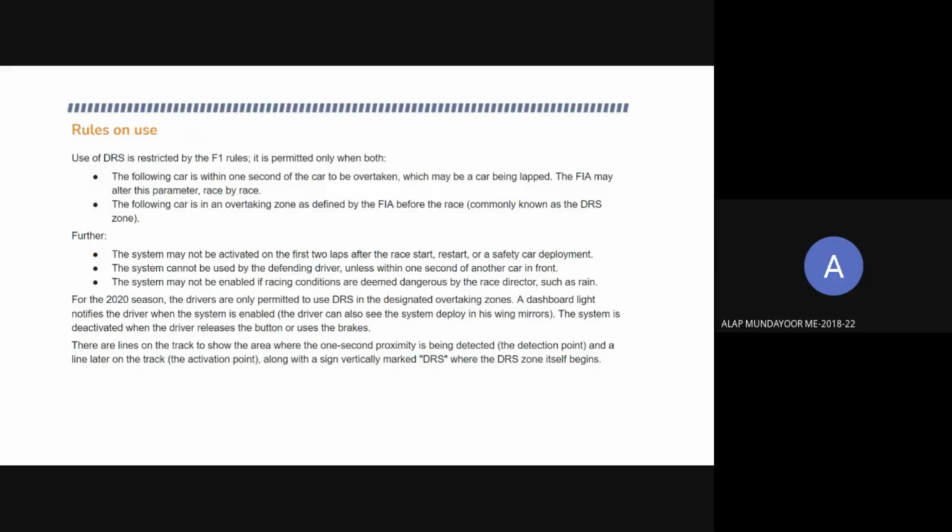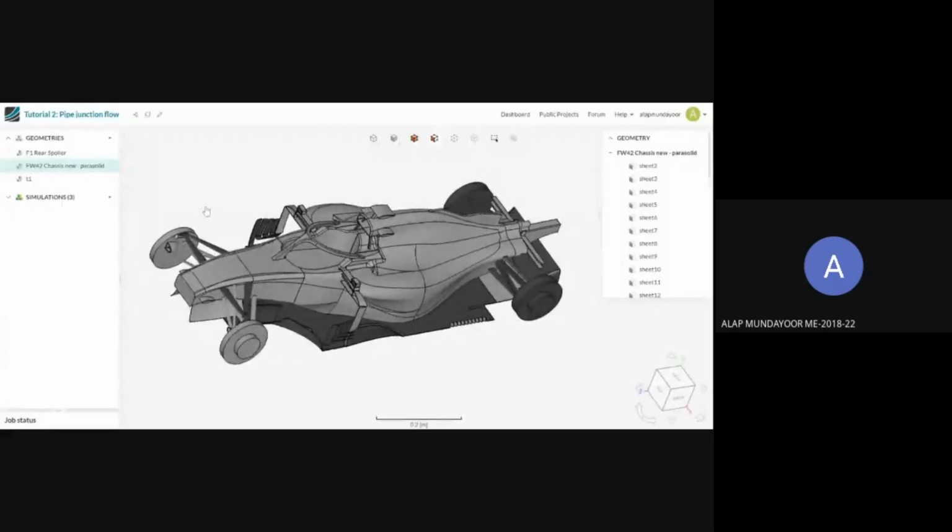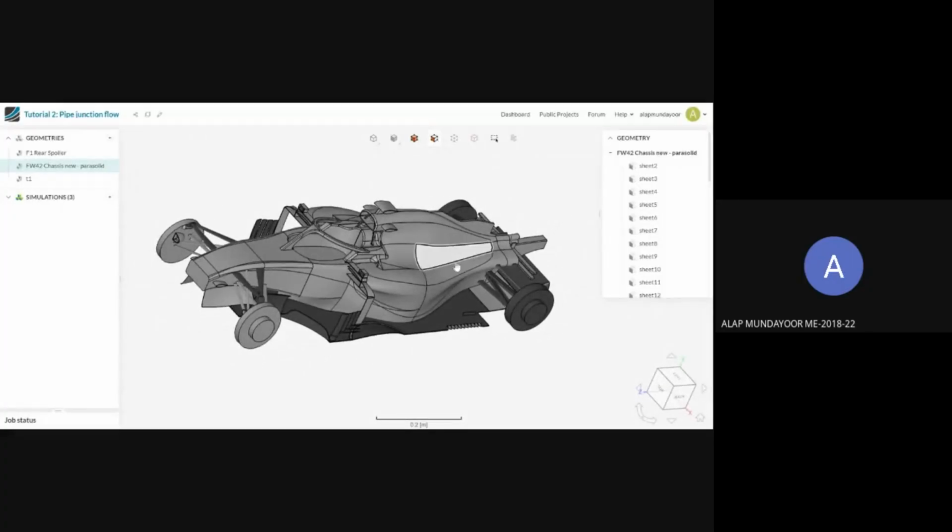Now, I'll be talking about this CAD model that we had prepared. So this is the CAD model of an F1 car. The main aim of an F1 car is to reduce the amount of drag force that comes at such high speeds.